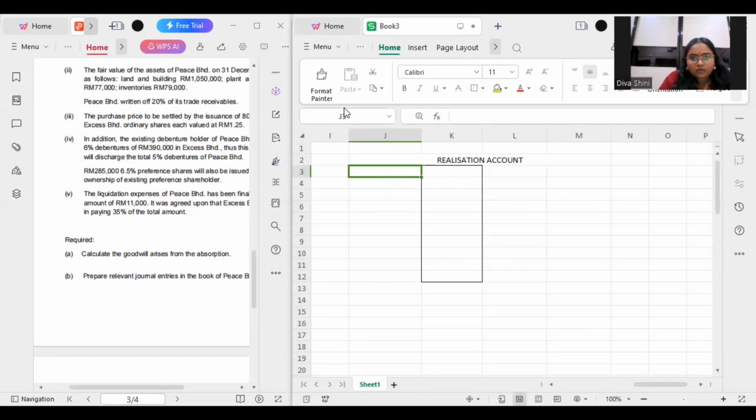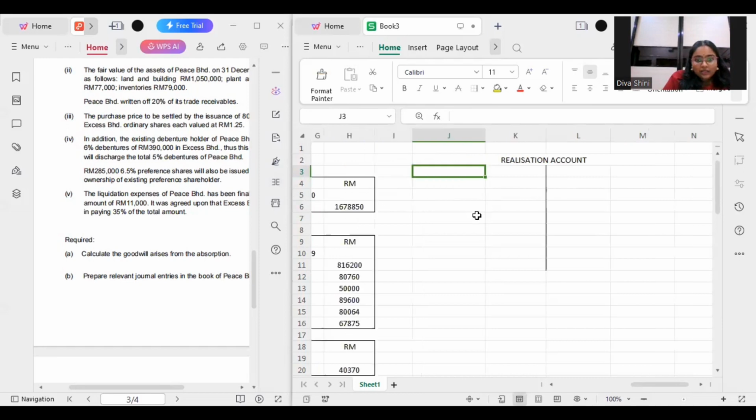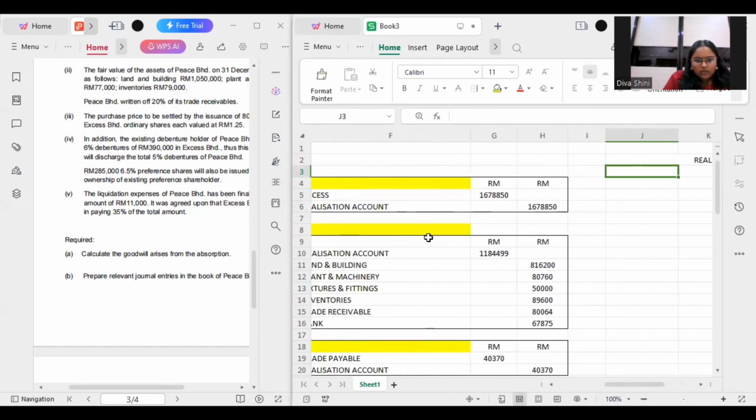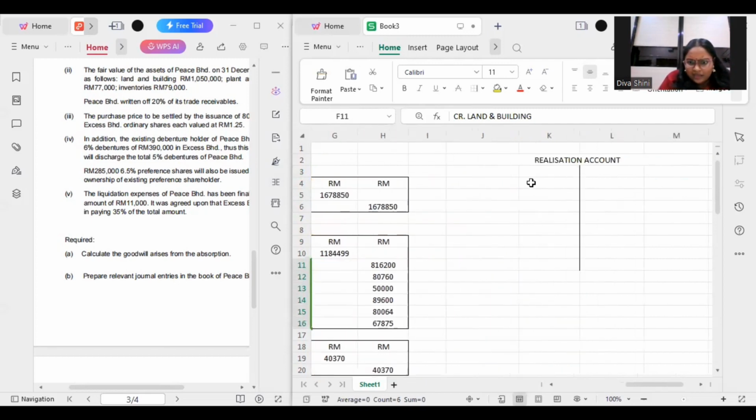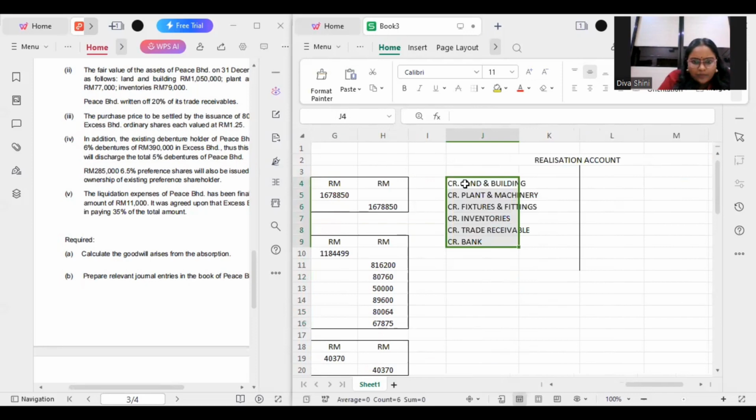For the realization account, first we need to list down all the journal entries at debit until bank. So copy, paste.